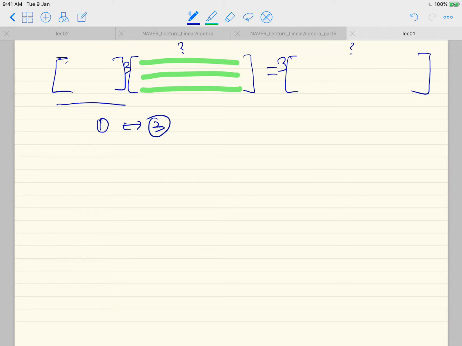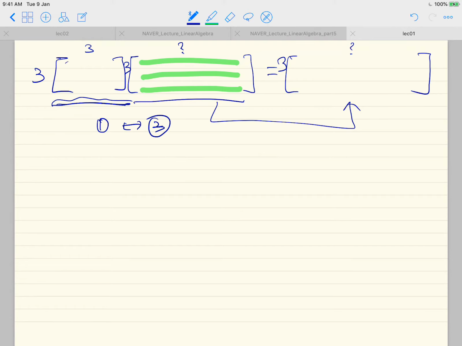And what about this matrix, W? It should be 3, because this number should match with the number of rows of W. So that should be 3, so that we keep the matrix size the same. Okay, and now let's fill out this 3 by 3 matrix.